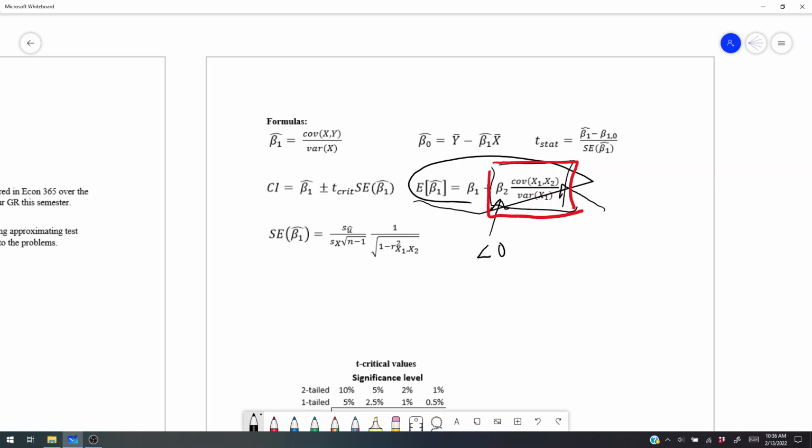The covariance of x1 and x2 is the covariance between, in this case, police and wealth. And we think that higher wealth areas are going to have more police. So this one is supposed to be greater than 0. It's supposed to be positive. First one is negative. So we've got something negative multiplied by something positive. So the entire red rectangle is negative, right? Less than 0.